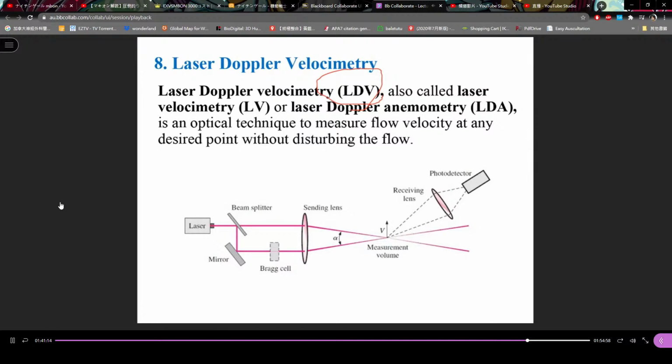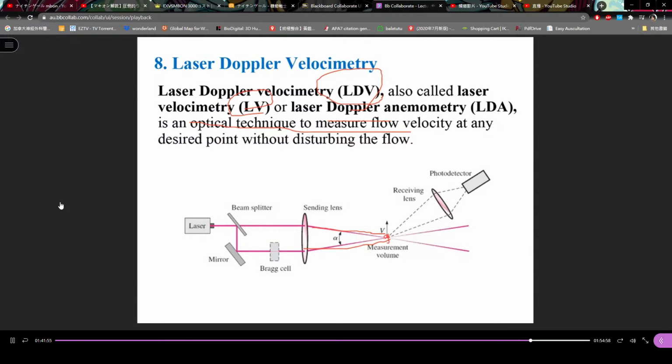How to do it? We can use a laser Doppler velocimetry meter, or LDV. Doppler is a scientist's name. It's an optical technique to measure, sending two beams of laser. If we want to measure velocity at this point in the space, then the two beams will meet here.